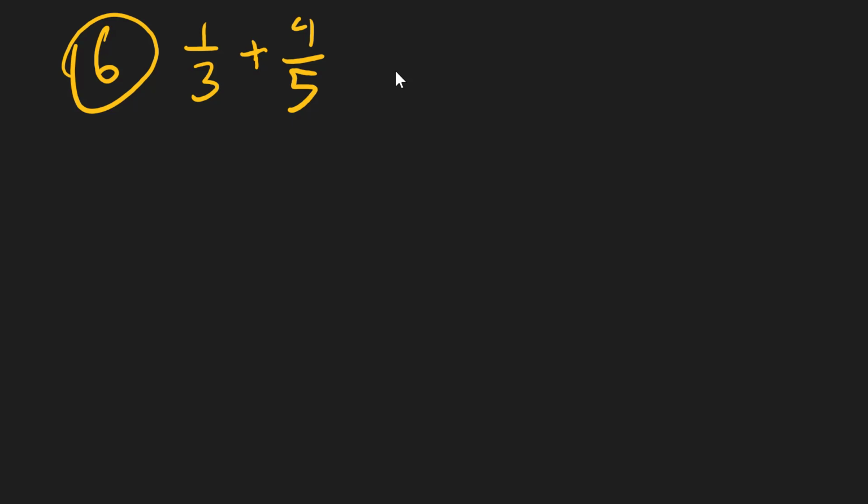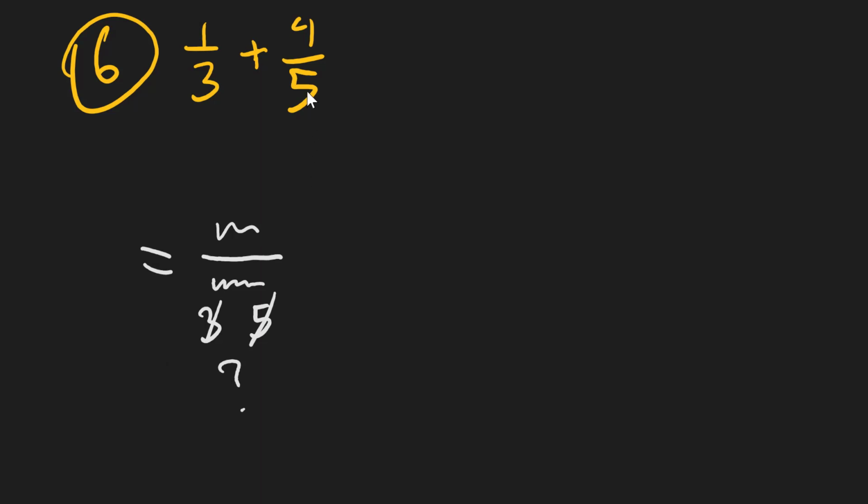Well, we know that in the end, whatever the answer is, it's going to be a fraction. 1/3 plus 4/5 is going to be some kind of fraction with some kind of number up top and some kind of number on the bottom in the denominator. And we know that the denominator cannot be 3, it cannot be 5. So what can the denominator be? Well, whatever the denominator is going to be, we're going to need to be able to restate this 1/3 in terms of this number.